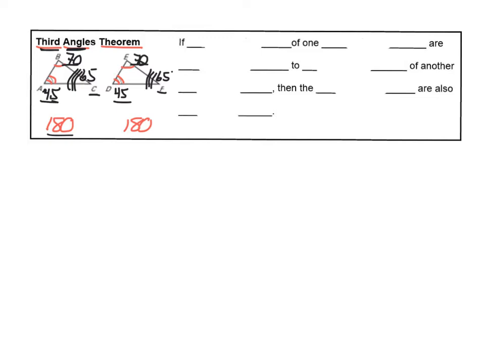That's essentially what this third angles theorem is stating. So if I have two angles of one triangle that are congruent to two angles of another triangle, then the third angles are also congruent.